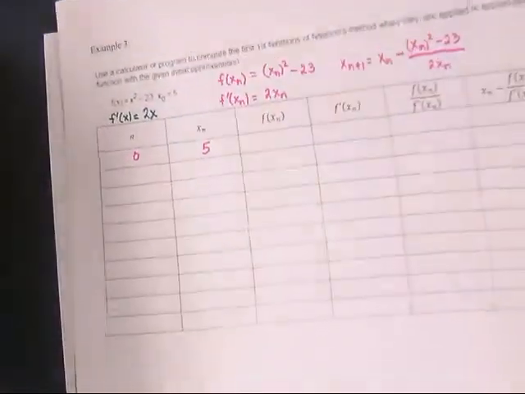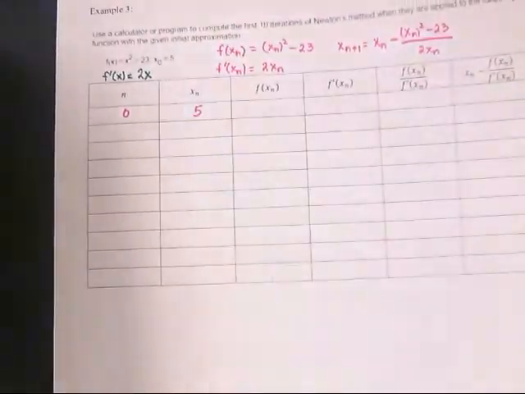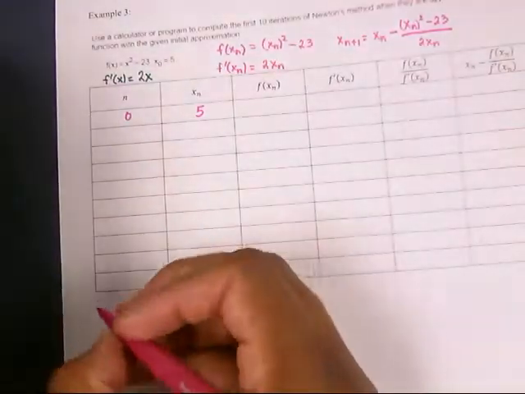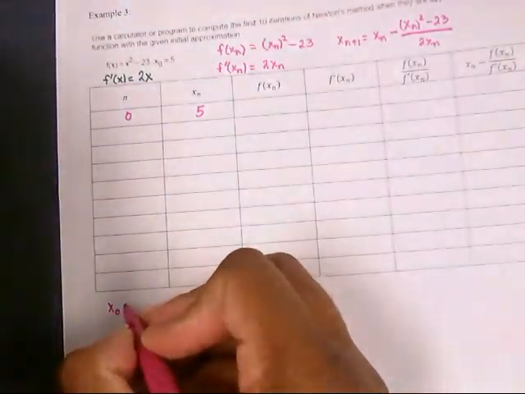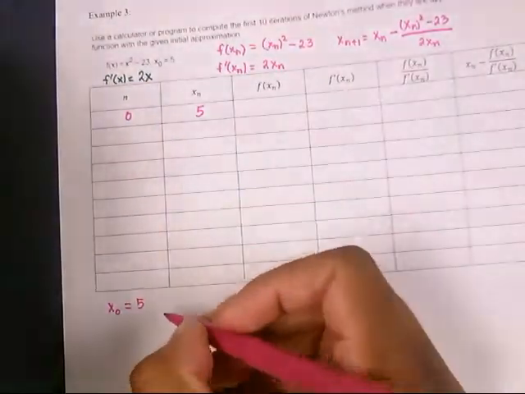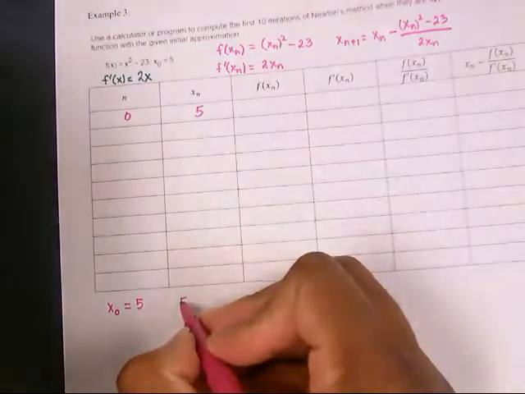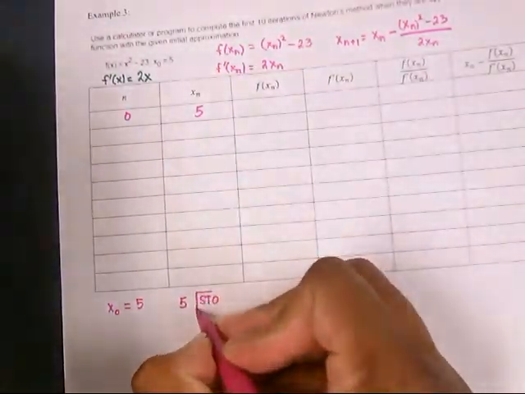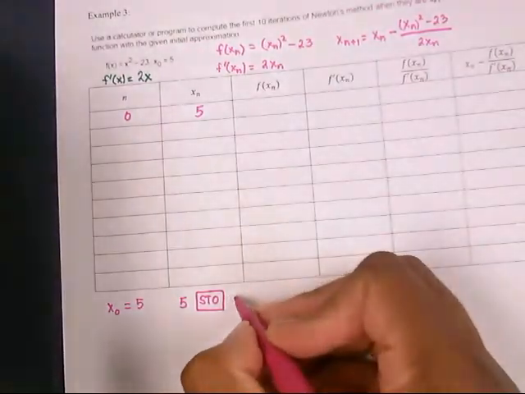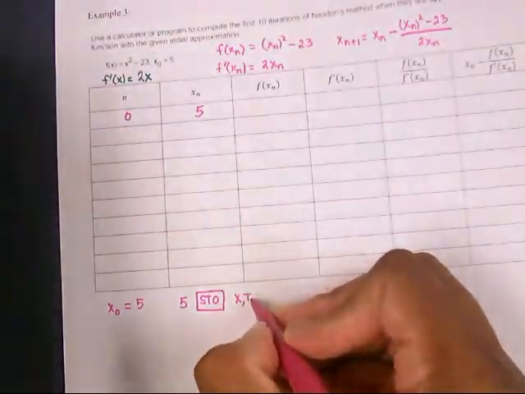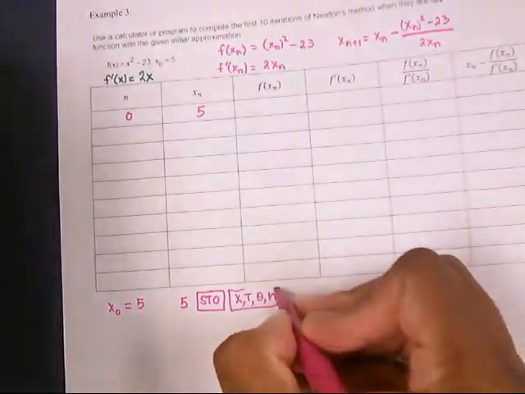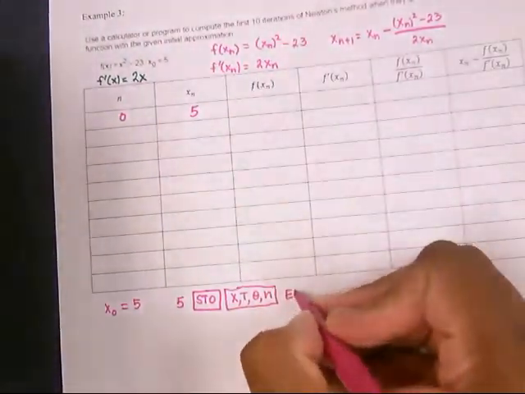Okay, now I'm going to show you how to enter this into the graphing calculator here. Now, we got x of 0, and that's equal to 5. So in your graphing calculator, you're going to type in the number 5, and then there's a button that says STO, and then you're going to press the button that says X,T,theta,n, and then press enter.